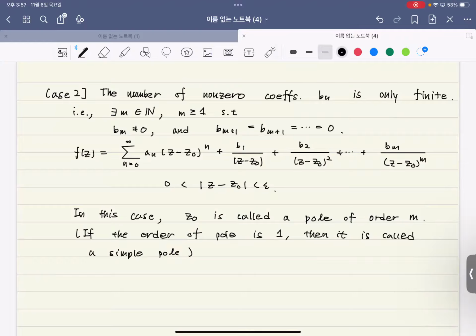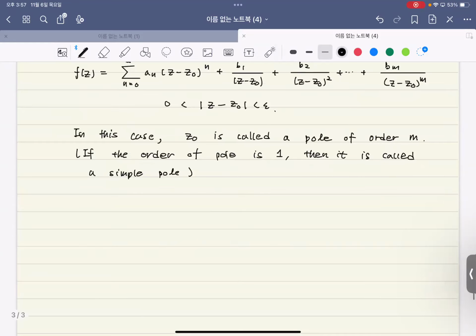Most likely this is the most encountered singularity that we'll be studying in this course. Such as, such as z squared over 1 minus z.